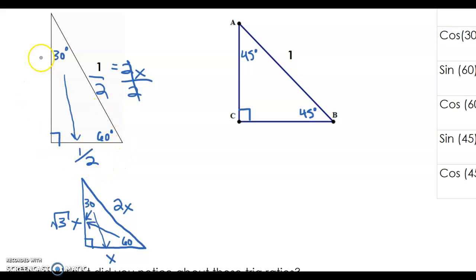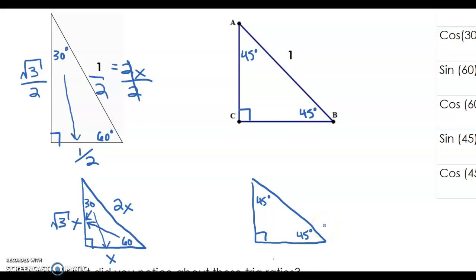Lastly, in order to get this last side opposite our 60-degree angle, we are just going to multiply this side here of 1/2 by root 3, so that we get root 3 over 2. Great. In the same way, when we have a 45, 45, 90 triangle, I'll draw it again here.